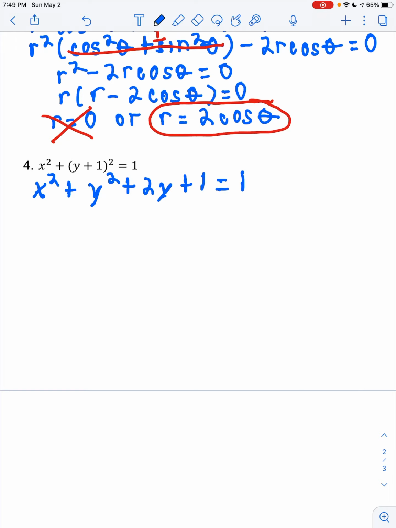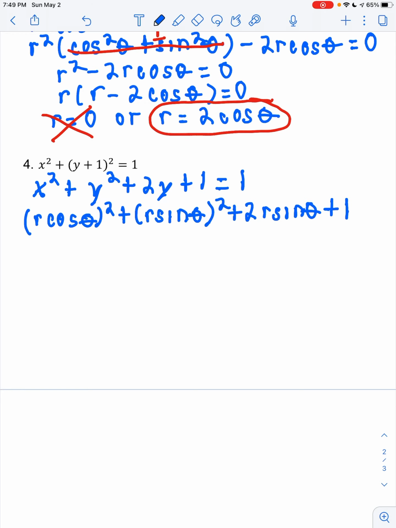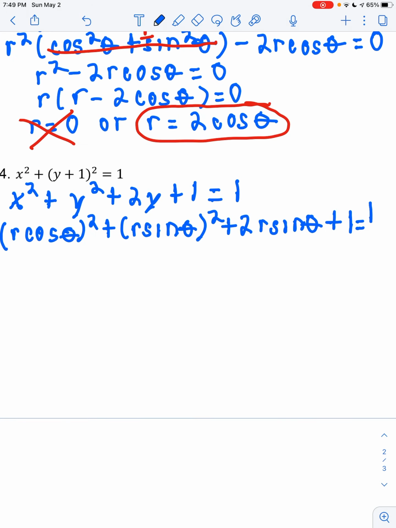And then I'm going to replace our x with our cosine theta and our y's each with our sine theta. So I end up with what you see here. Oops, that kind of went up a little funky.